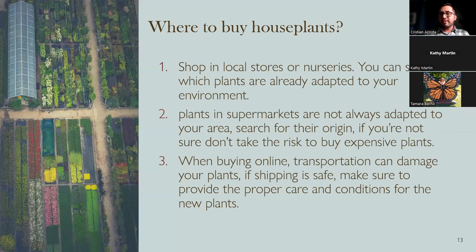The second tip is that the plants you can see at supermarkets, big stores, or grocery stores don't necessarily mean they are already adapted to your local environment. This is because they can bring plants from far away, from other states or other places.